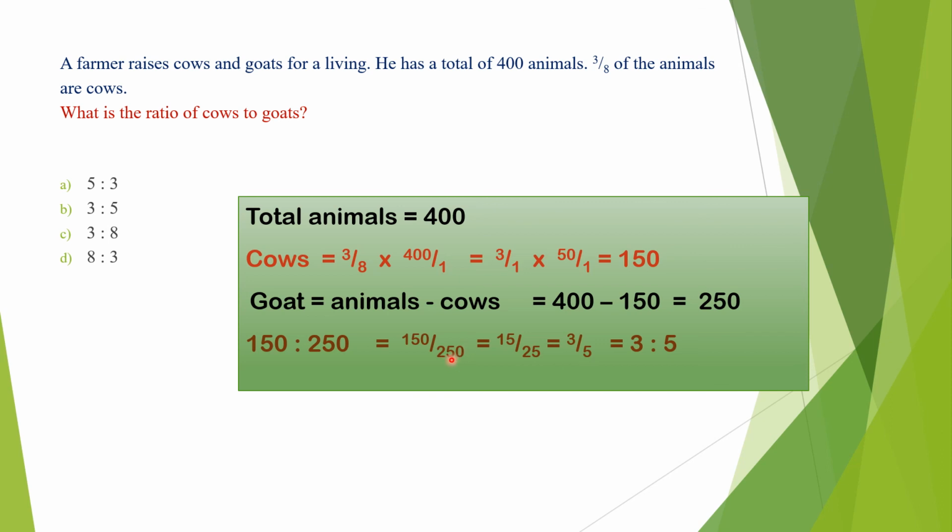And when we divide by 10, all we need to do is take off the number of 0s that we have on that particular number. In this case, 10 only has 1 zero, so we remove the zeros. Hence, we end up with 15 over 25.